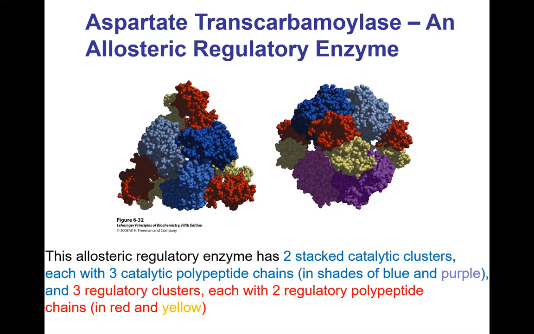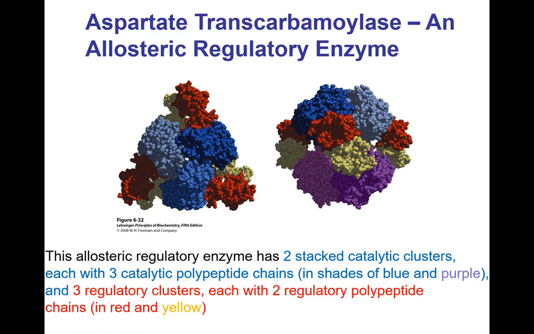Think how beautifully this enzyme has to do its job. Why does this have to be so massive? It has to be so massive, and it has to have all these different regulatory domains, because the reaction must be very carefully controlled in metabolic pathways.